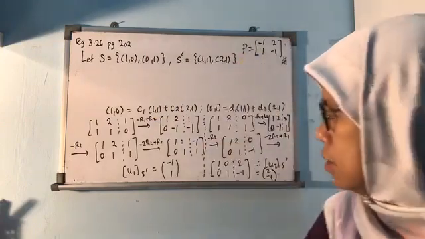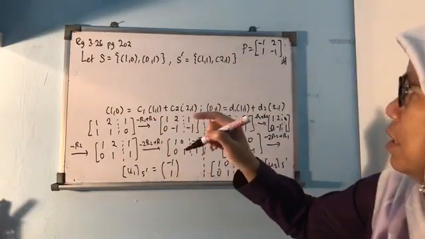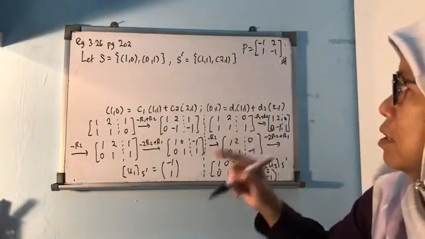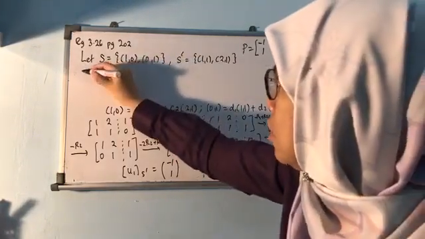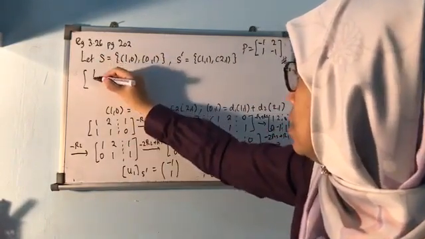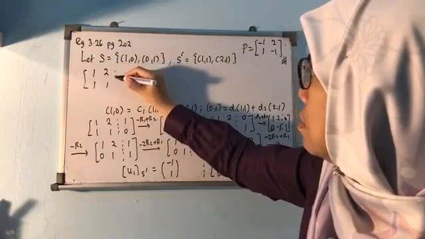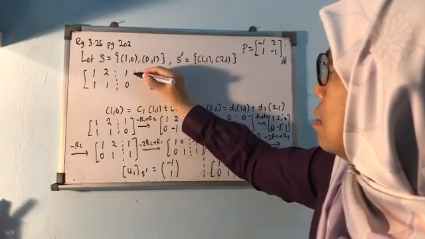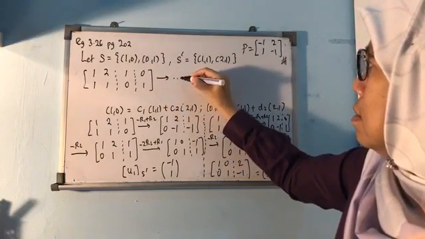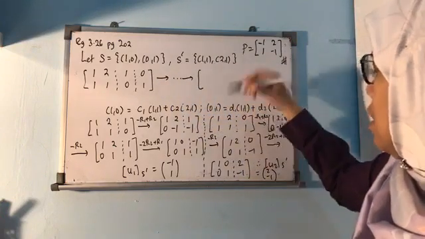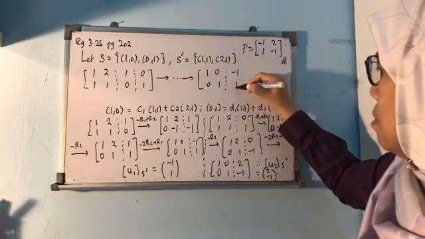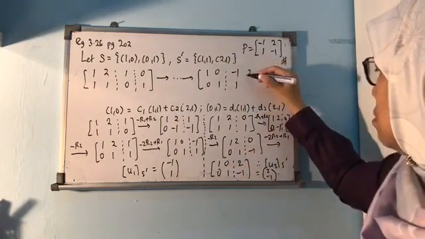Okay. So find the transition matrix from S to S prime. What you do is you put S prime first, and then you put S, and then you do it once. Then you will get at the end this and then this.